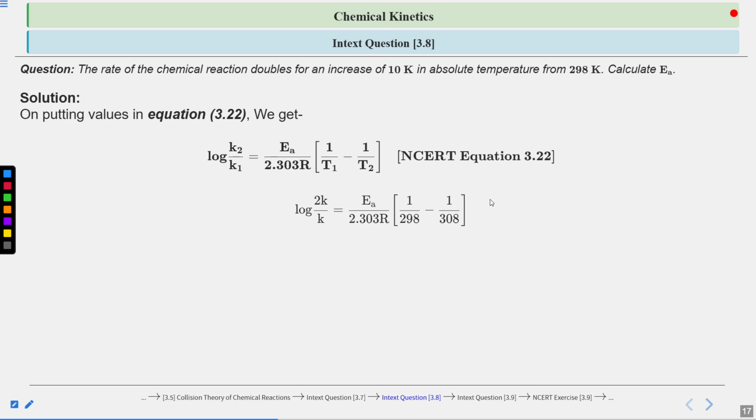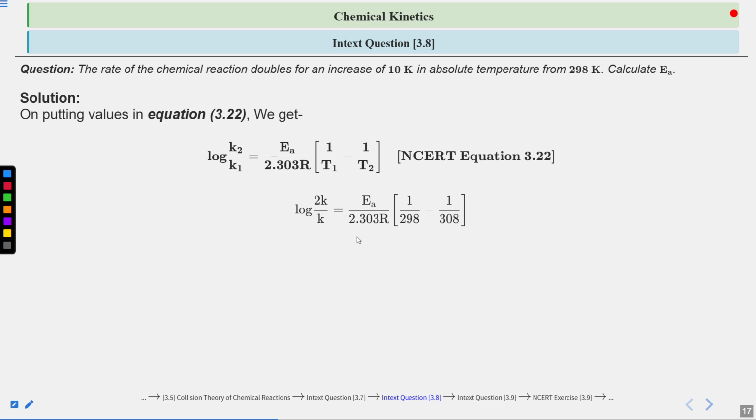Right? Now the only unknown here is EA, which we have to find out. It is already mentioned in the question to calculate EA. Other than that, everything is numerical or a constant.